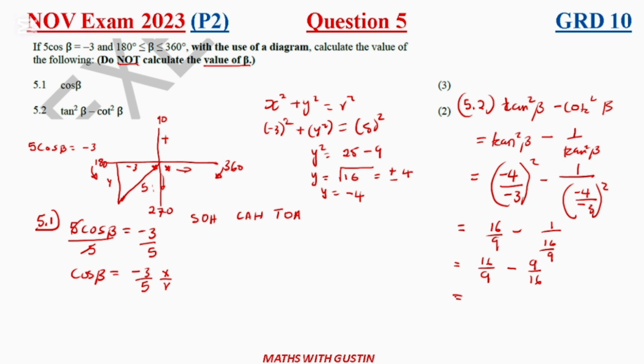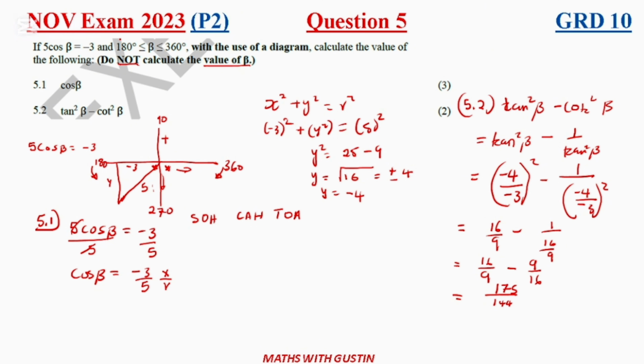Therefore we look for an LCD, which in this case is going to be 144, or you can punch this directly into your calculator and you're going to get 175 all over 144. And that's how you would deal with a question like this one, guys. They just want to see if you can apply this.